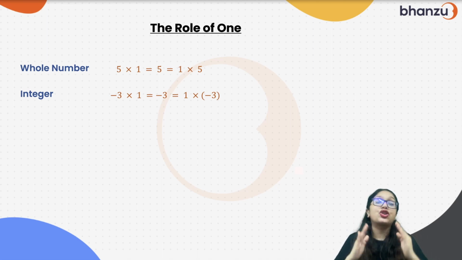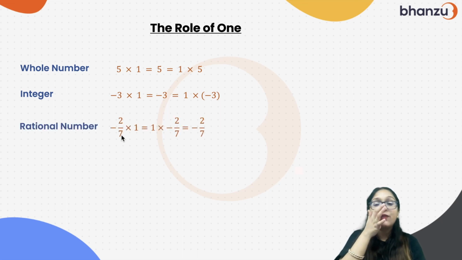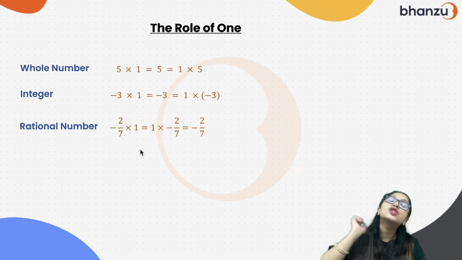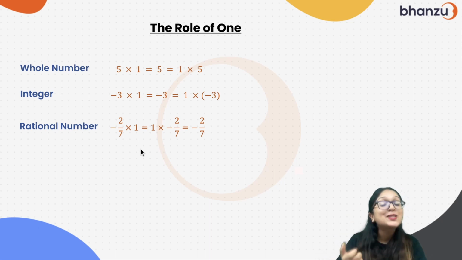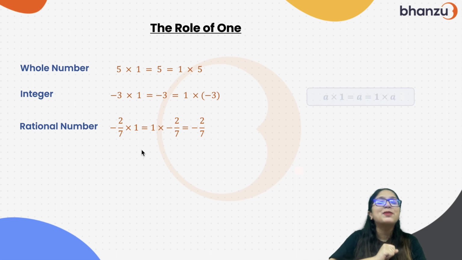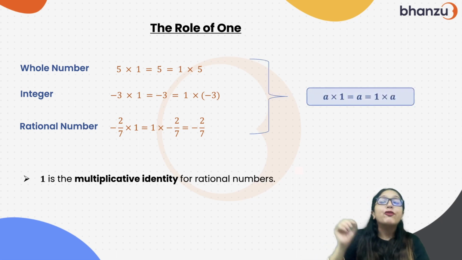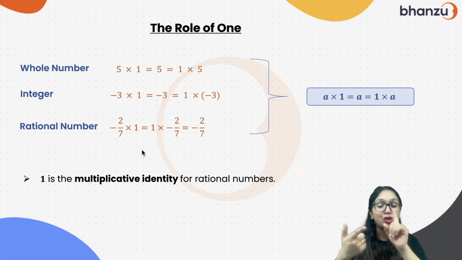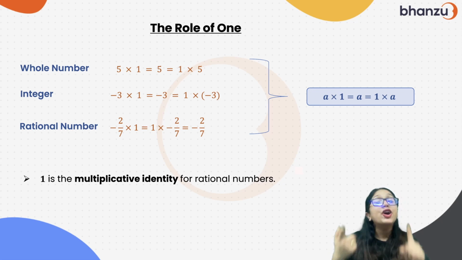But is this true for rational numbers? Let's quickly see that. Minus 2 over 7 times 1 is minus 2 over 7. 1 into minus 2 over 7 is again minus 2 over 7. So this is true for rational numbers also. So you can say that 1 is the multiplicative identity for rational numbers. This is true for whole numbers, integers, and for rational numbers also.